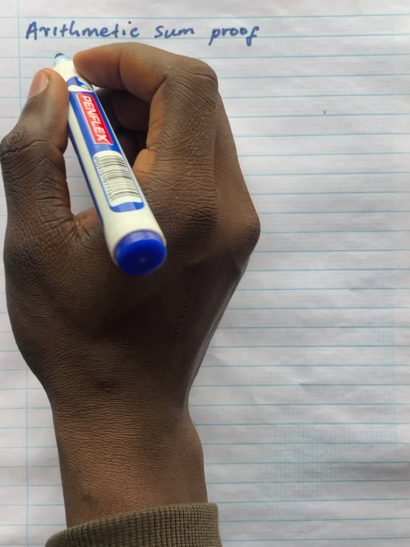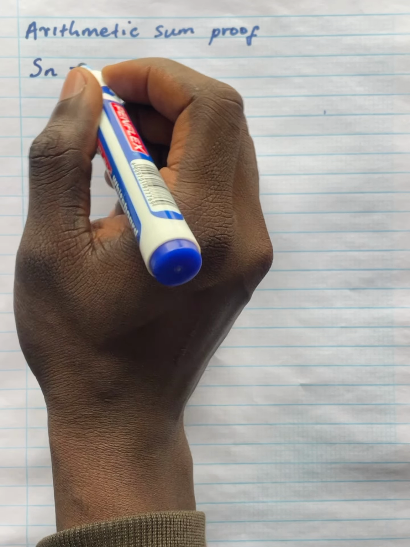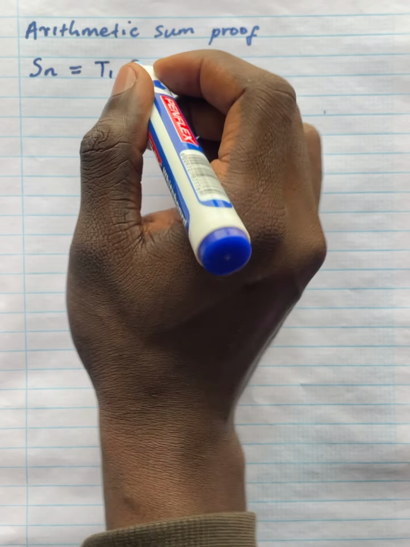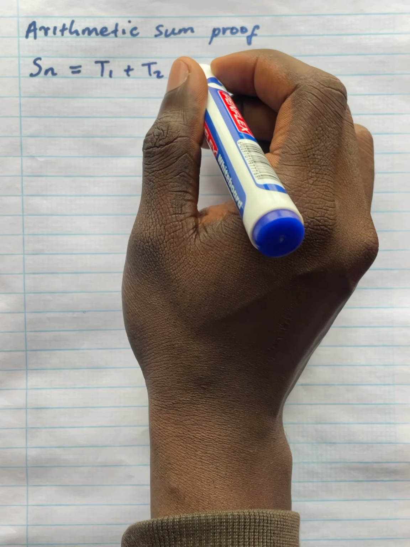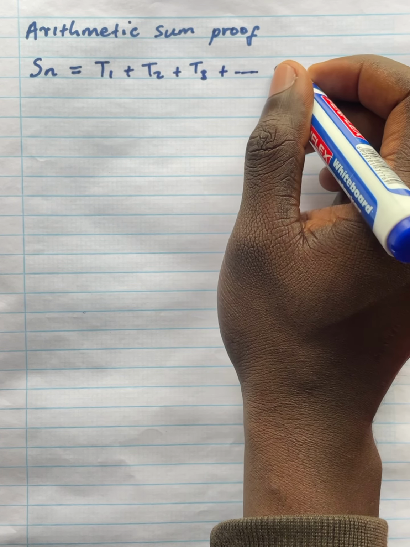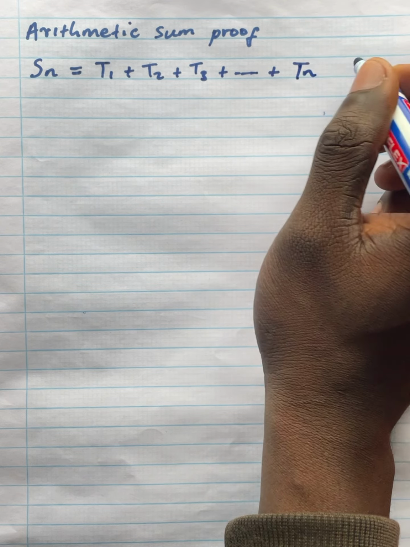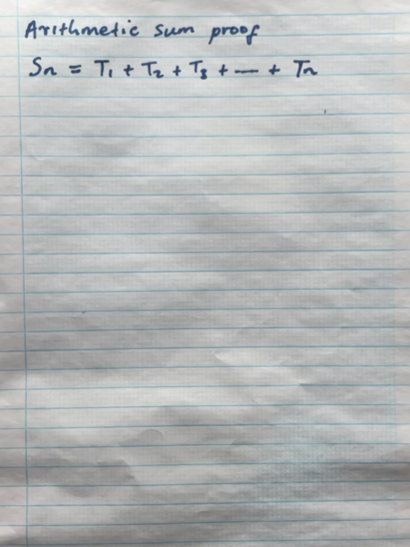It is very important for you to note that the sum to n terms, that's the unknown number of terms, is equal to t1 plus t2 plus t3 plus ... plus tn, which represents the last term.